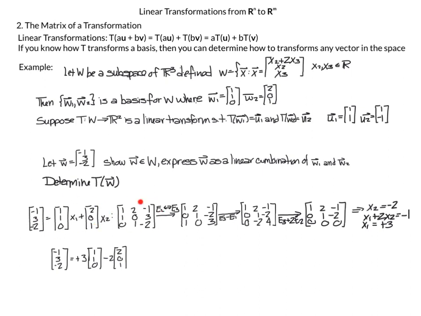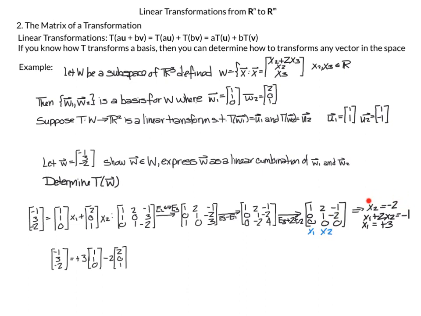I take my augmented matrix, first my matrix of coefficients, and then I augment it with this solution over here. I do my row reduction, and I get this equivalent matrix here, which gives me, in this row, 1 times x2 is equal to -2.